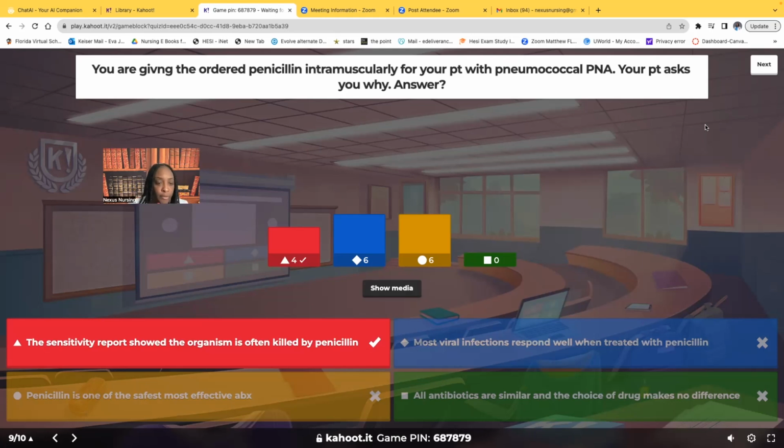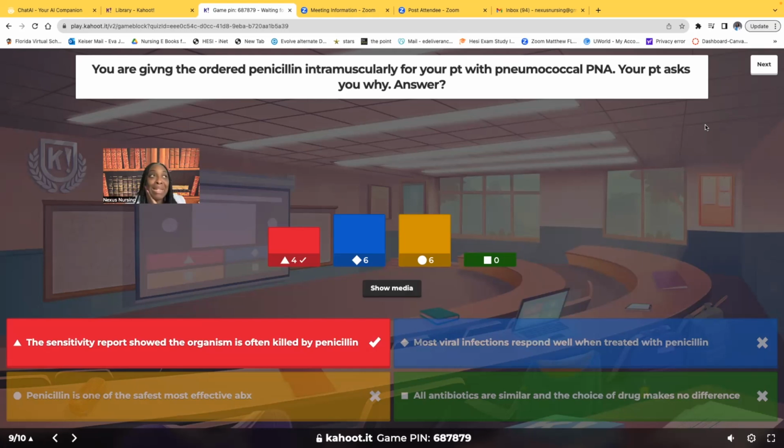Next one, six of you guys chose penicillin as one of the safest, most effective antibiotics. Here's the thing, and NCLEX does this to you all the time, so I'm so happy this was an answer. This actually is true. Penicillin is one of the safest antibiotics. There's nothing wrong with the statement except for the fact it doesn't answer our question.